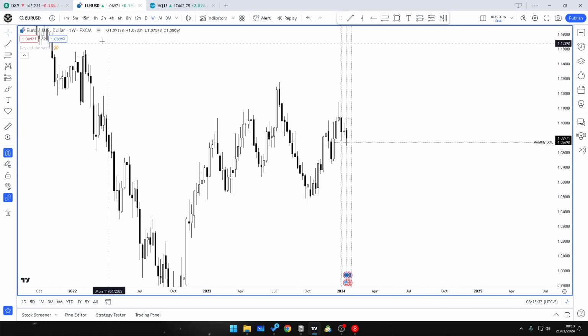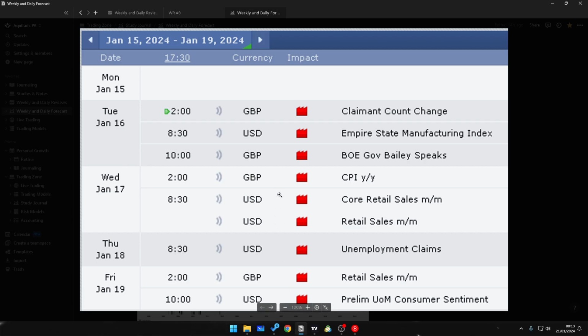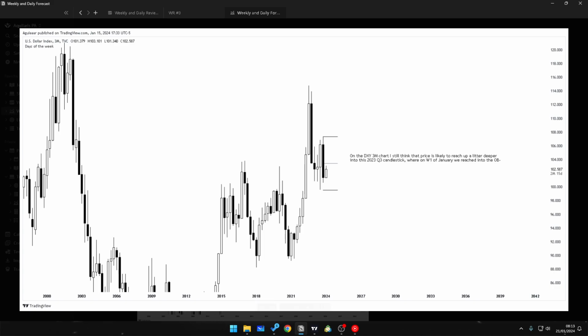This is me mentioning that I think the DXY is going to continue higher, digging a little deeper into this order block or this dealing range. Basically, I'm looking for price trading to a premium of the previous year's range, from the 2023 low to the 2023 high.